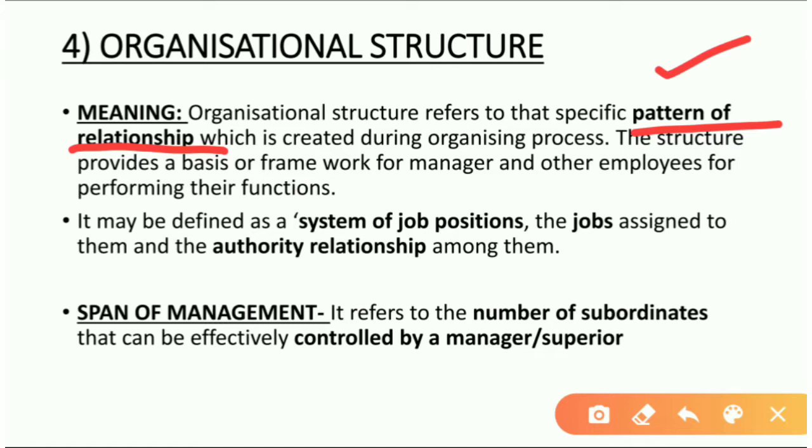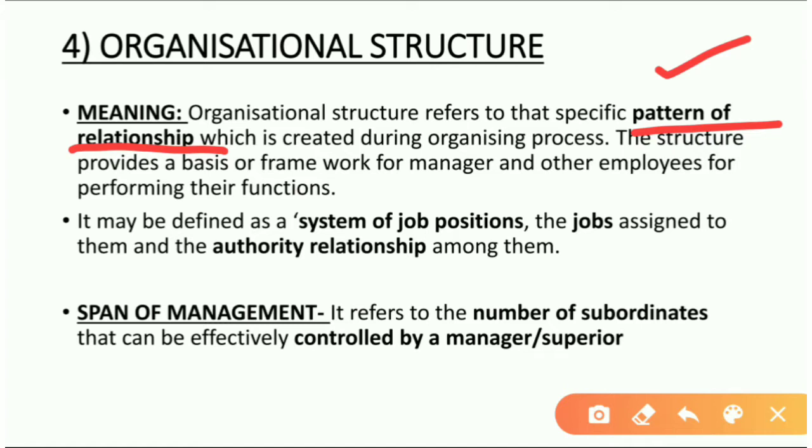So in this case, the pattern of relationship between our superiors and subordinates means how many superiors are there, under the superiors how many subordinates are there, and the subordinates are assigned which position, what type of jobs they have been given, in which department they belong. So a proper structure is maintained. That structure of the organization is known as organizational structure, right?